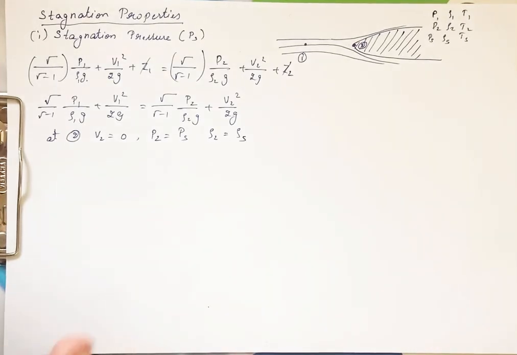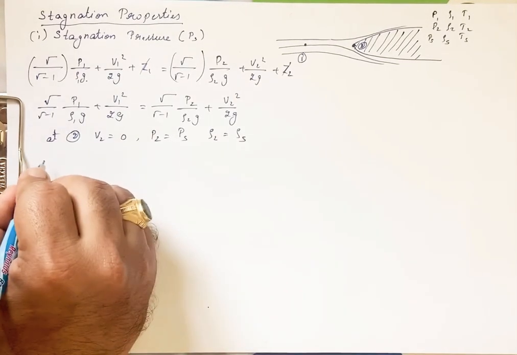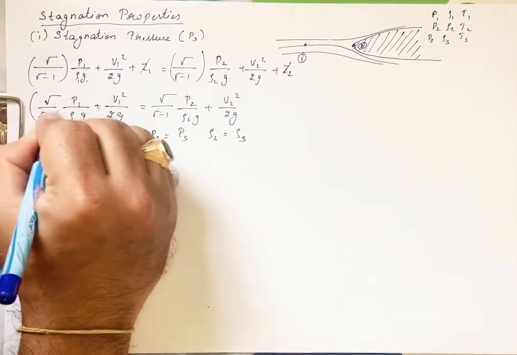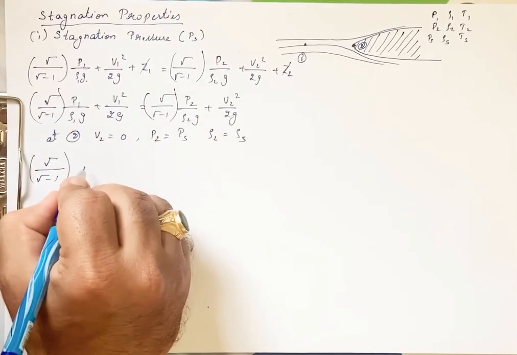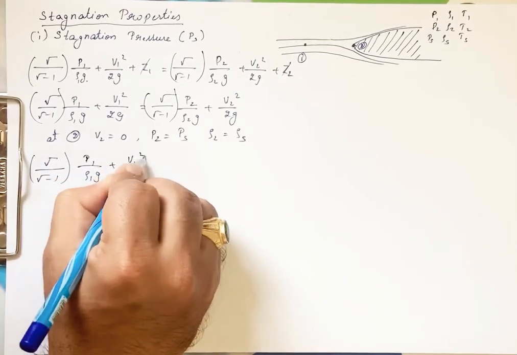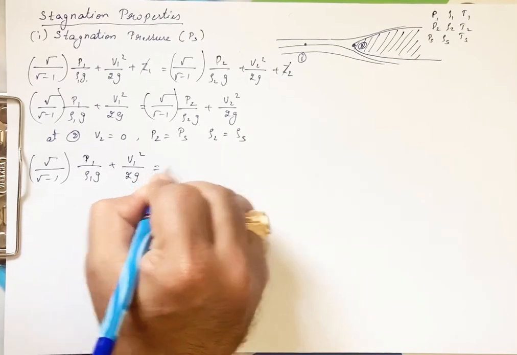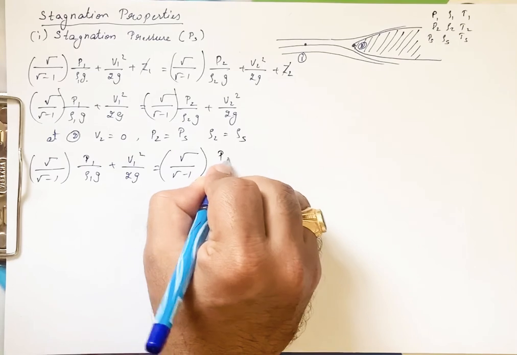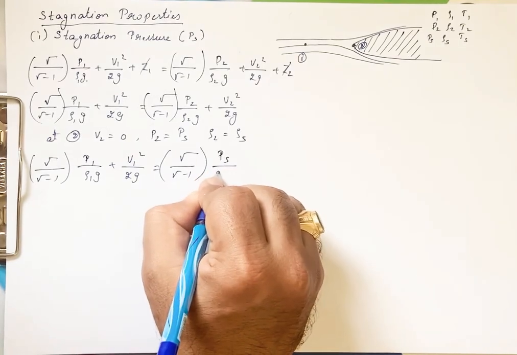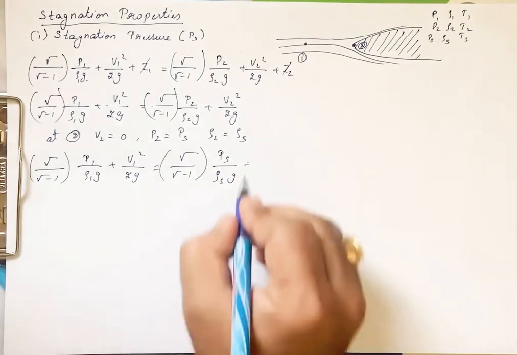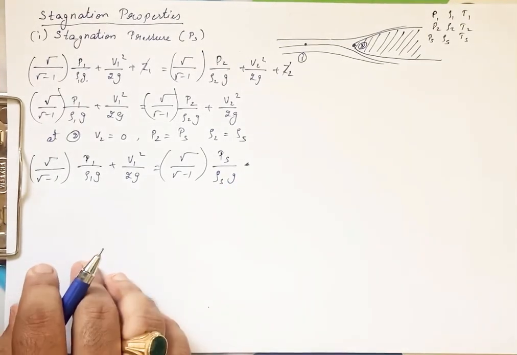Substituting in the above equation, we get gamma divided by gamma minus 1 into brackets P1 by rho 1 g plus V1 square by 2g is equal to gamma divided by gamma minus 1 into Ps by rho s g plus 0. I'll stop here.